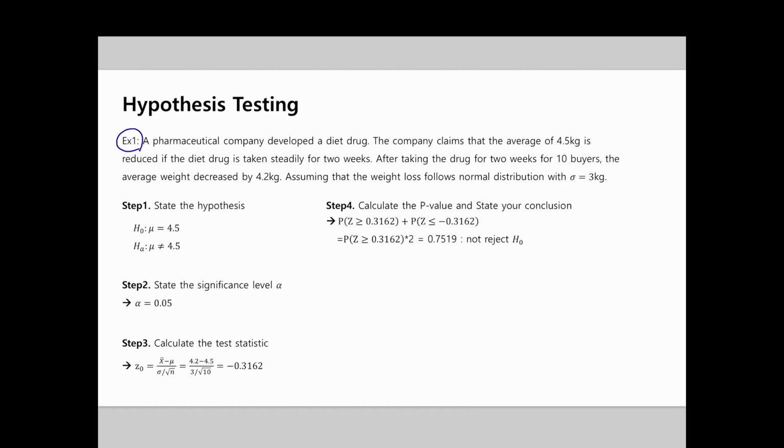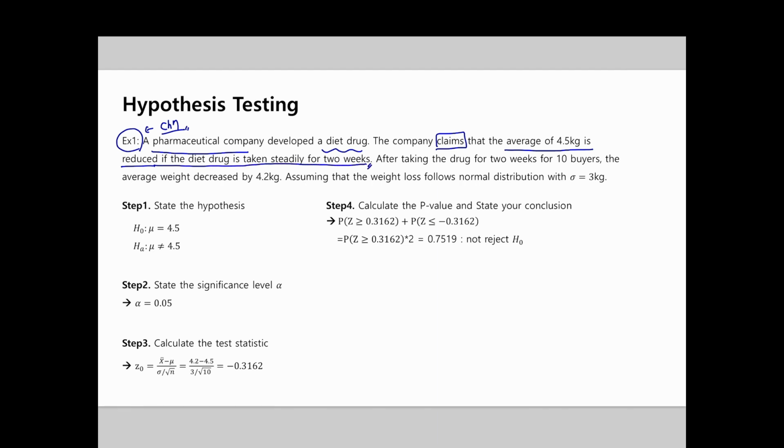Example 1 was covered in chapter 7. A pharmaceutical company developed a diet drug. The company claimed that an average of 4.5 kilograms is reduced if the diet drug is taken steadily for 2 weeks.